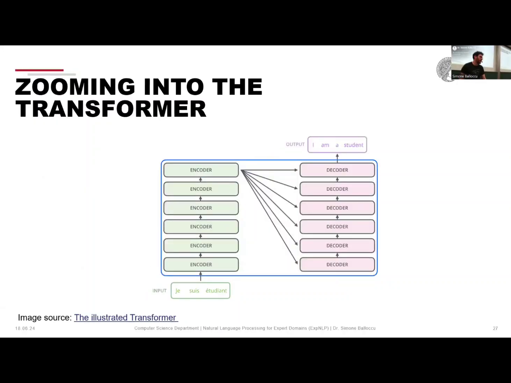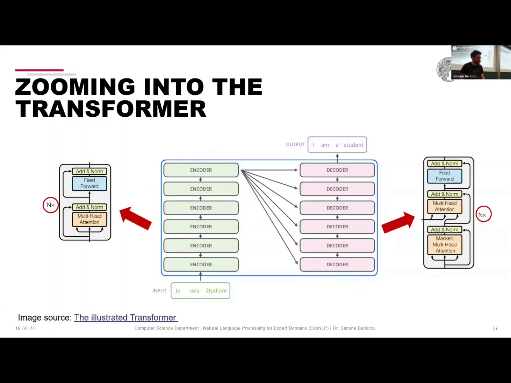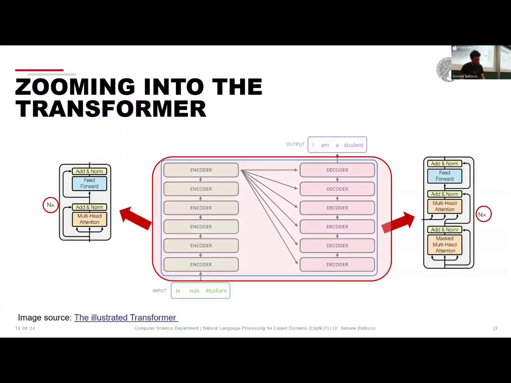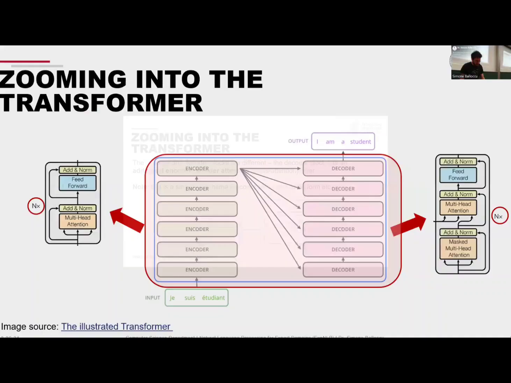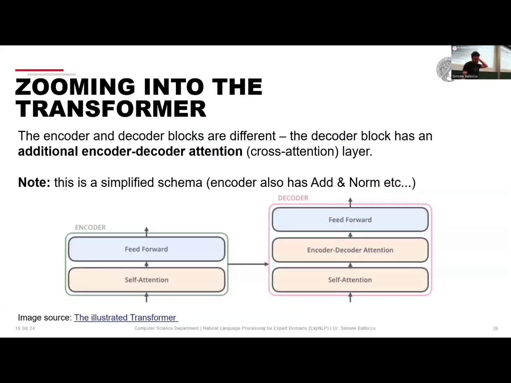It's actually not one encoder, but a stack of encoders and a stack of decoders that encode multiple times and decode multiple times. And we saw that this is basically how they're made. Now, if we zoom again, we can see that the encoder and decoder blocks are different. We're gonna see it later, so let's not focus too much on that. But you can see that the decoder has this extra layer called encoder-decoder attention, which is just a fancy name to say cross attention.